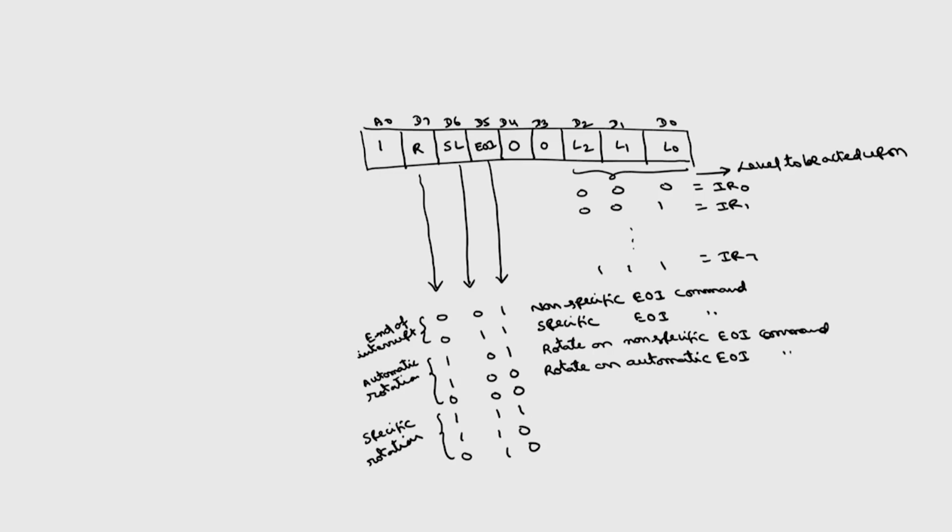Rotate in automatic EOI clear. This is set and this is clear. Both are the same, but the difference is only set and clear. Rotate on specific EOI command. And set priority command, no operation.